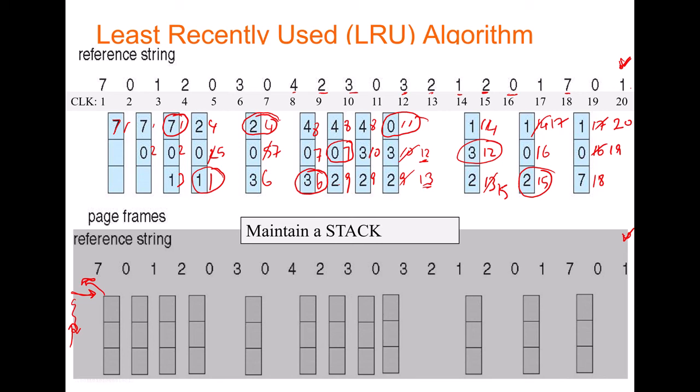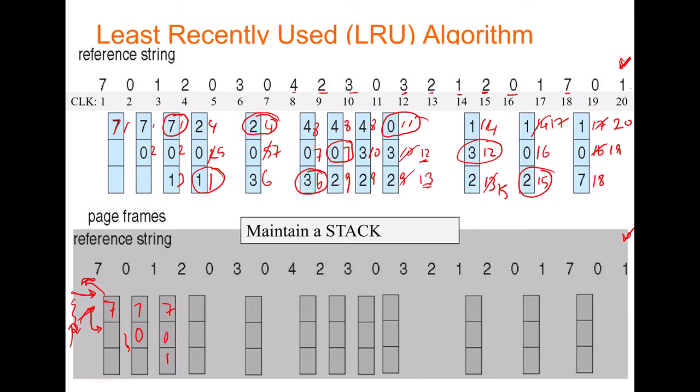So right now, the top of the stack will be pointed to by this pointer, right? And it's empty. So when we put the 7, we will point here. When the 0 comes, we will put it here, and now the pointer points here. Next comes 1, so we will have 7, 0, and 1 here.